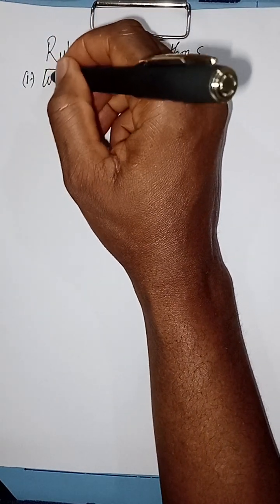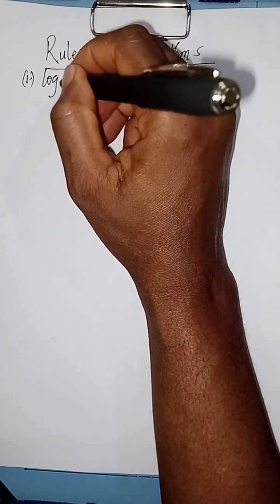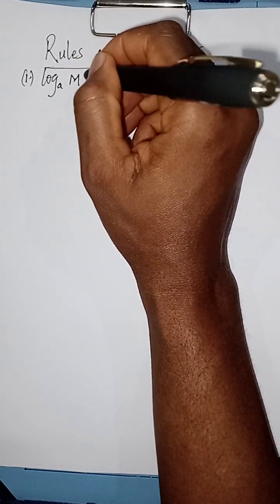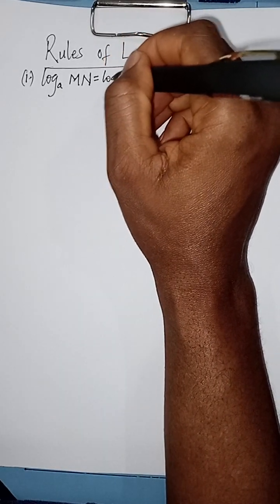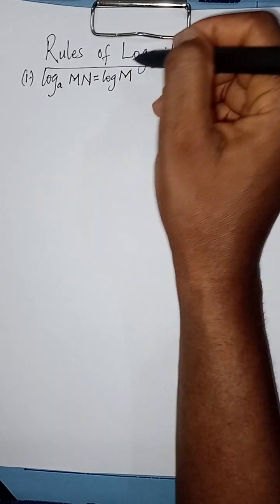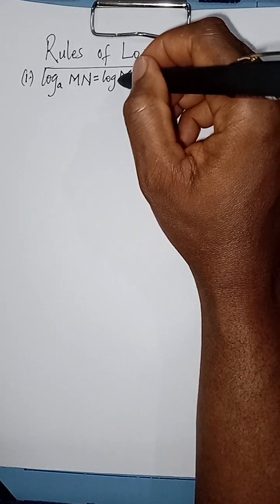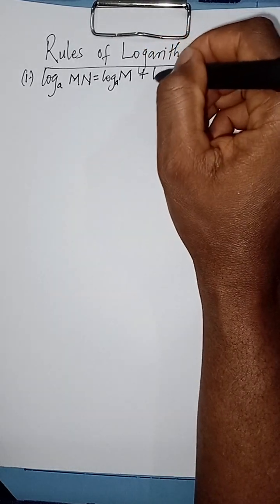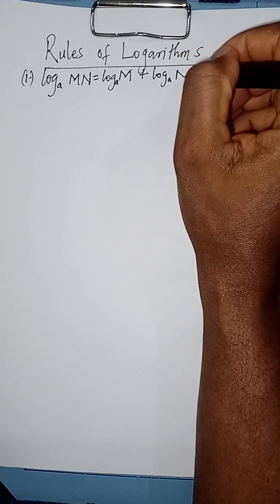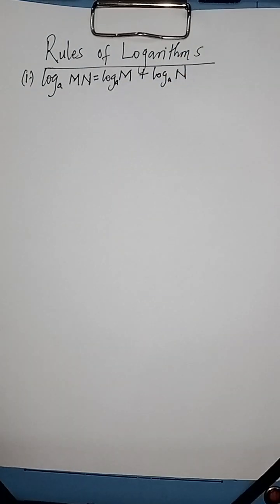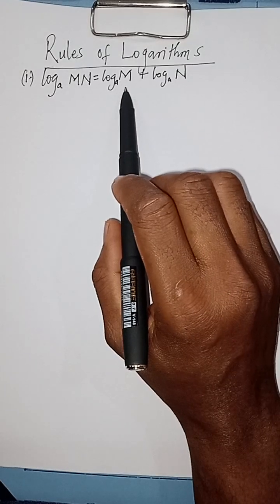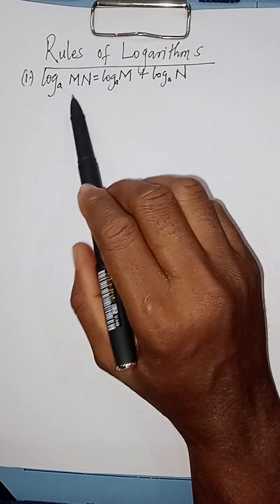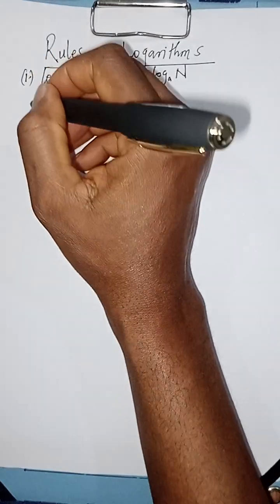If I have log mn, this is log m plus, the base is a, plus log n. So this is called the log of products. When your two logarithms are being multiplied, you can separate them using the addition sign.